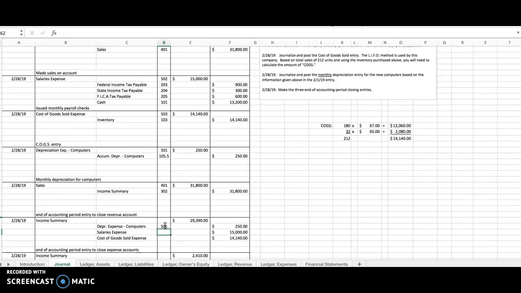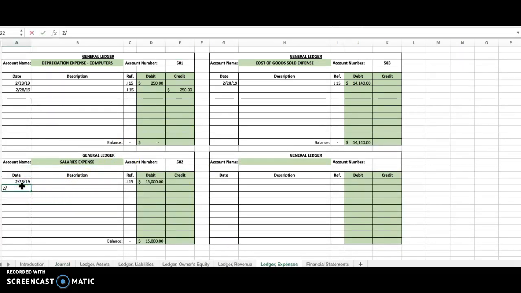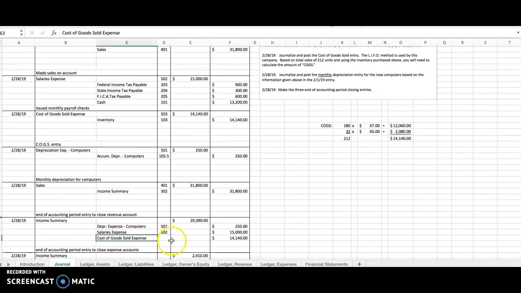Next one is sales expense, credit, $15,000. We go to that account, sales expense. And I credit, as the journal said, $15,000. And I use $15,000 because that's what is needed on the credit side to balance this account out to 0. This is 502. And one more. Cost of goods sold expense, $14,140.